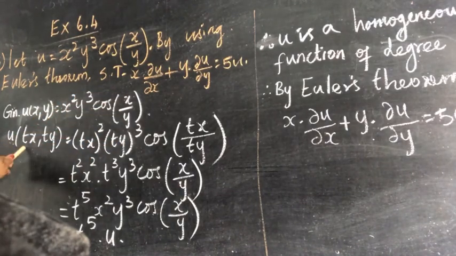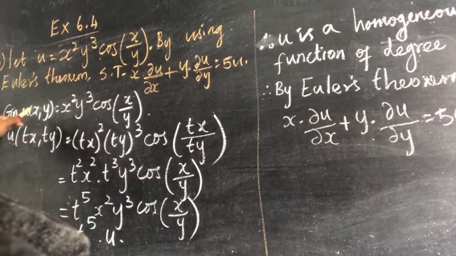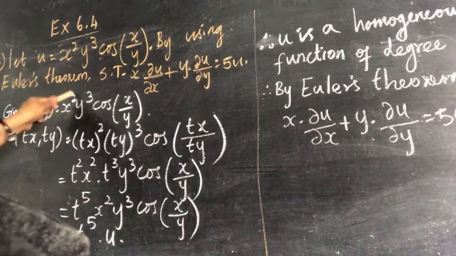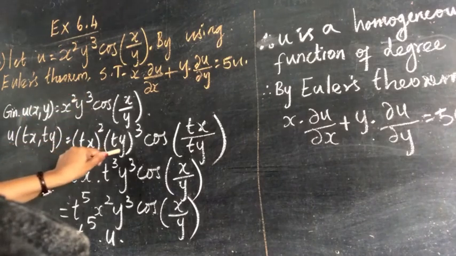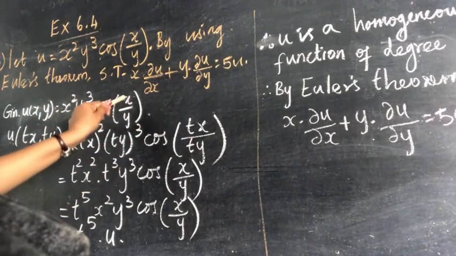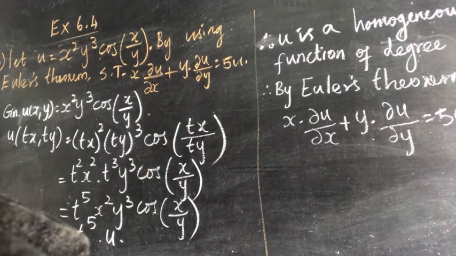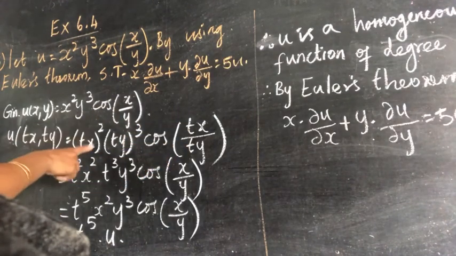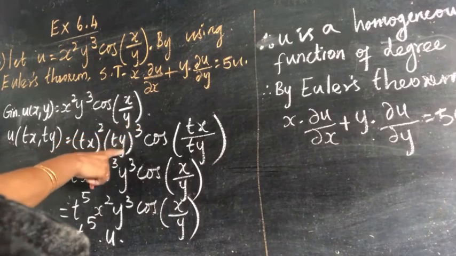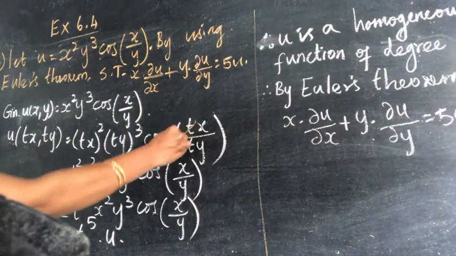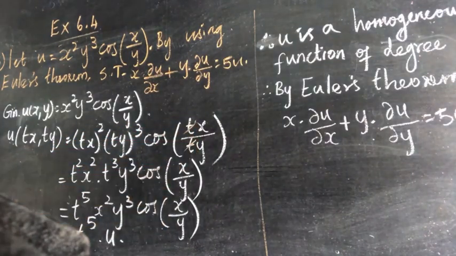U of tx, ty we need to find. So, u of tx, ty: instead of x we need to substitute tx, and instead of y we need to substitute ty. So, x square, that is tx the whole square, y cube, that is ty the whole cube, cos tx by ty. So, t square x square, t cube y cube, cos, and t and t will get cancelled, x by y.